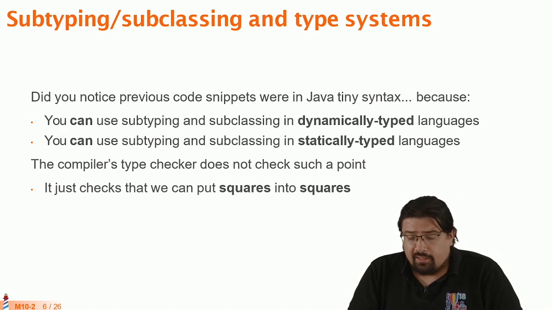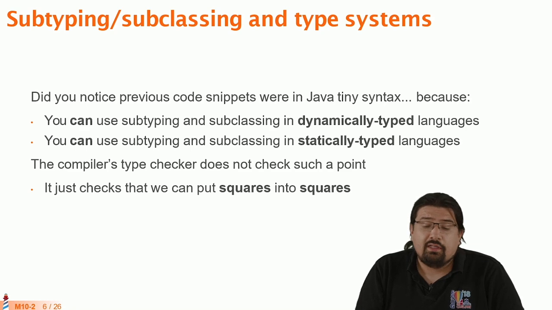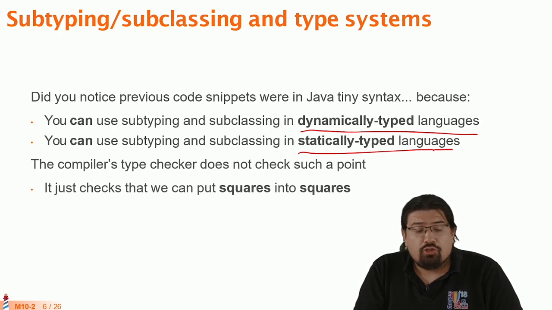One interesting thing is that the previous examples were in our little reduced Java-like syntax, because in both dynamically typed languages and statically typed languages, subtyping and subclassing are really useful. We need to use them at the points where we care.